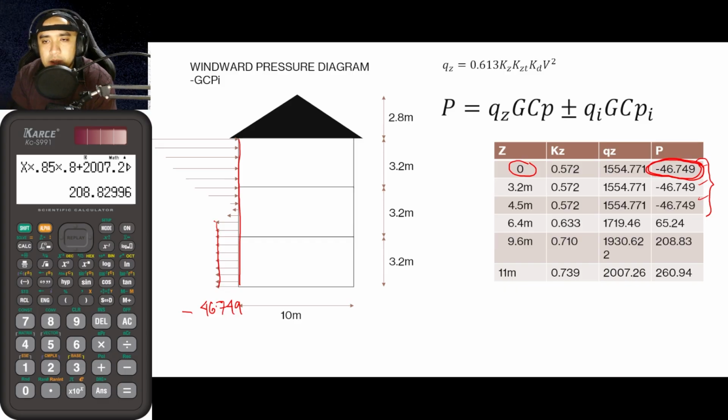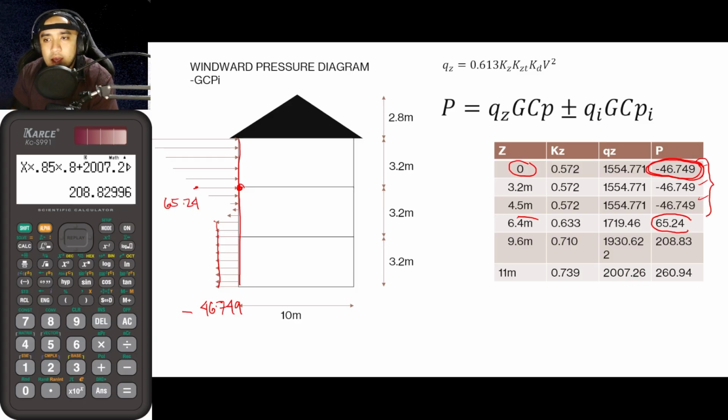Next up, for a 6.4 meter height, which is at this location here, the pressure is now positive 65.24. A positive pressure indicates that it is a direct pressure, pushing the structure. So this here is positive 65.24.